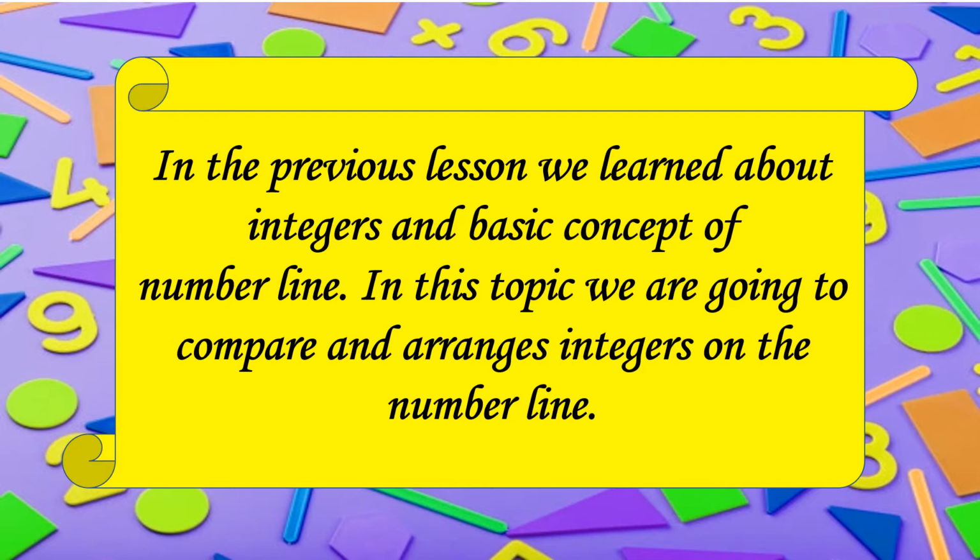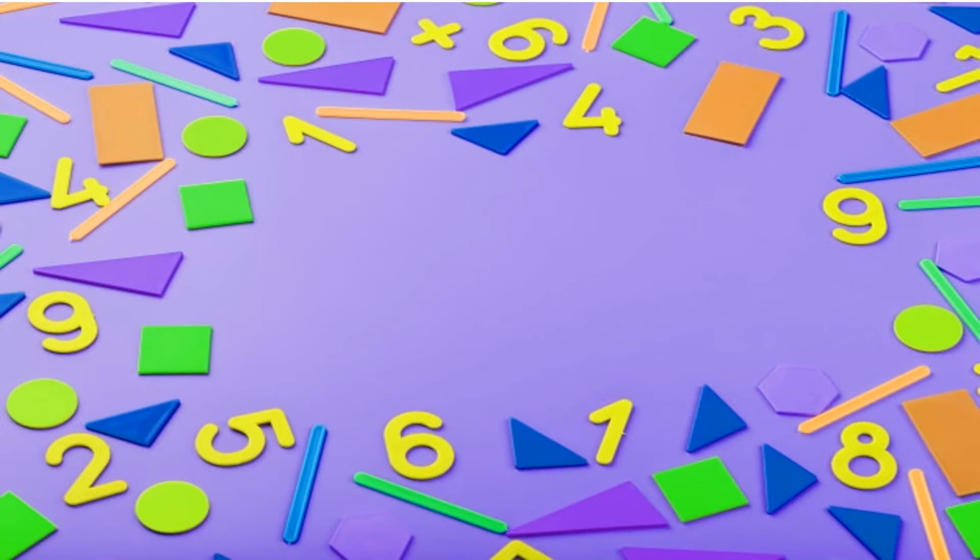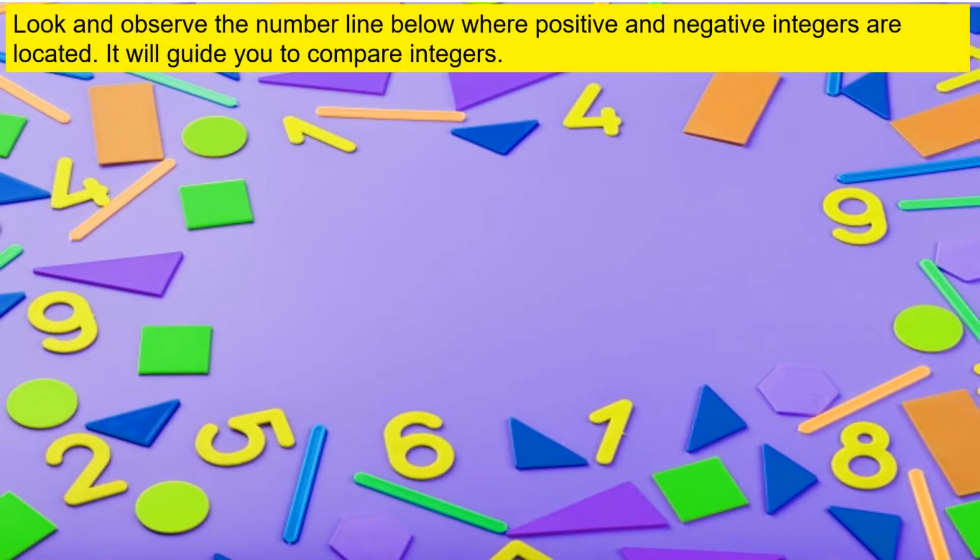In this topic, we are going to compare and arrange integers on the number line. Look and observe the number line below, where positive and negative integers are located. It will guide you to compare integers.